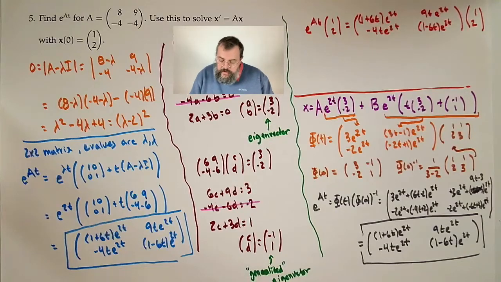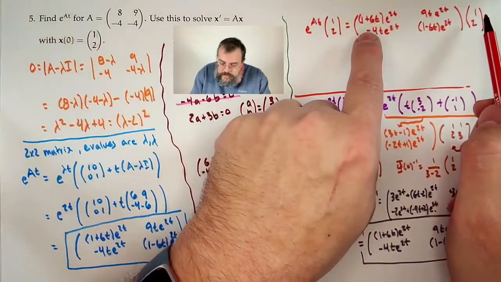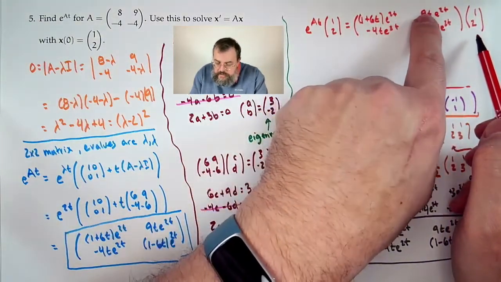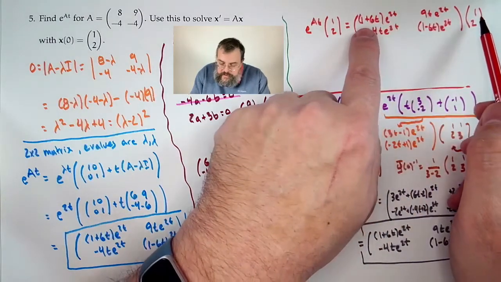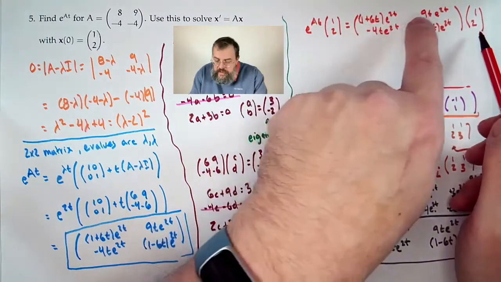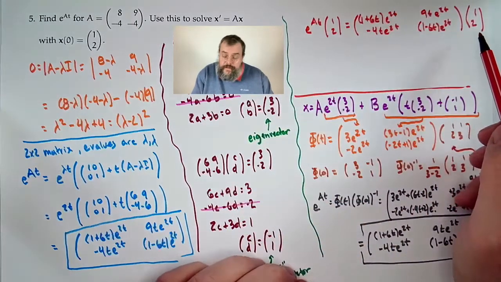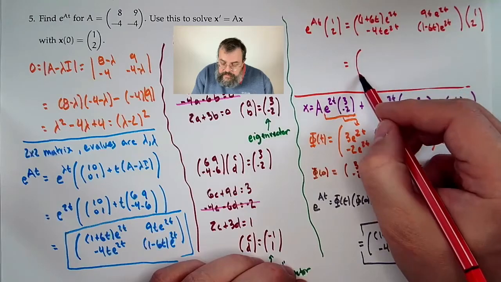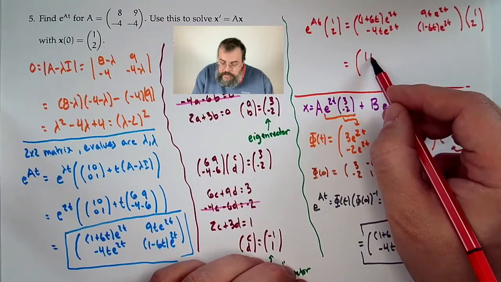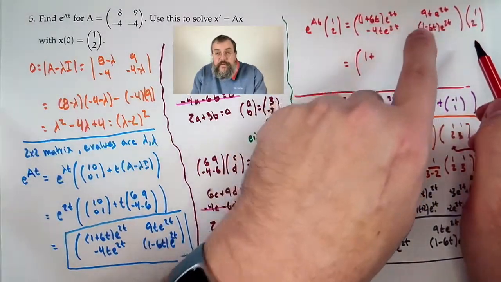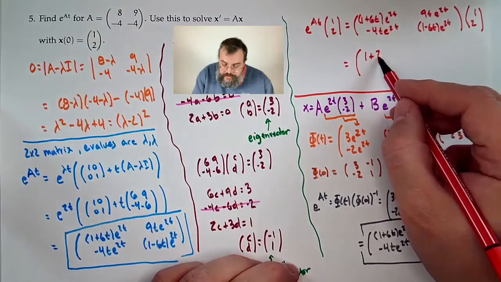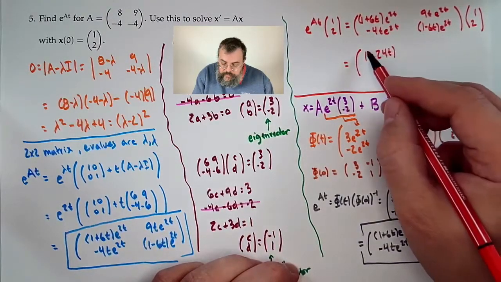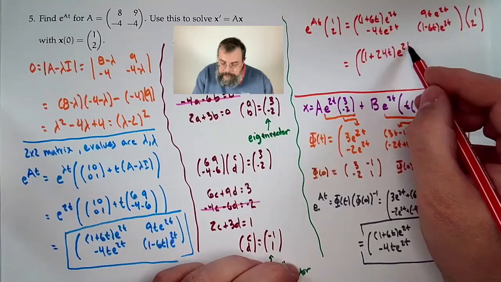Careful here, I don't want to run off the page. All right, so here we go. One of these and two of those. Okay, so we have 1 plus 6t plus 18t. Well, that's quite a lot there. What does it become? It becomes a grand total of 1 plus 6 plus 18 is 24t e to the 2t power.